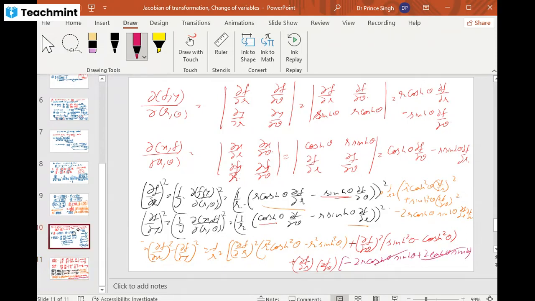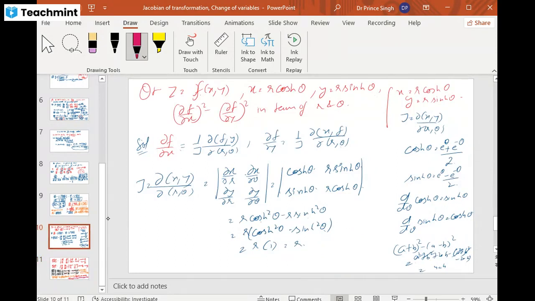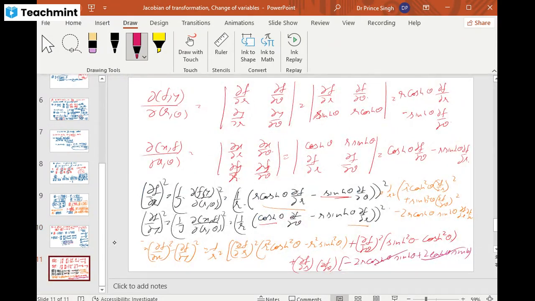Because we have discussed that cosh² θ minus sinh² θ is 1, this is 1, so r² is common. This is 1, but this is minus 1.